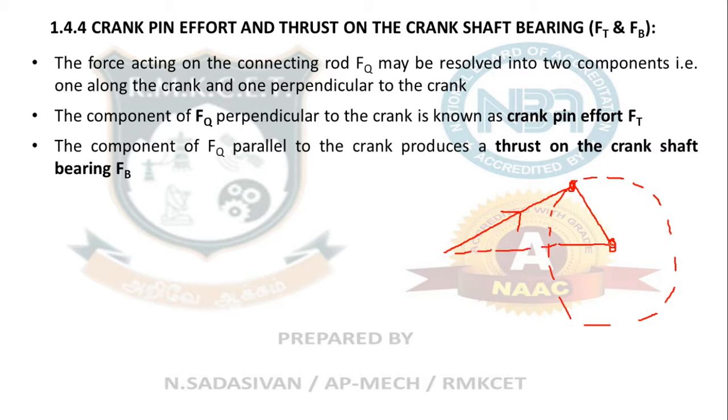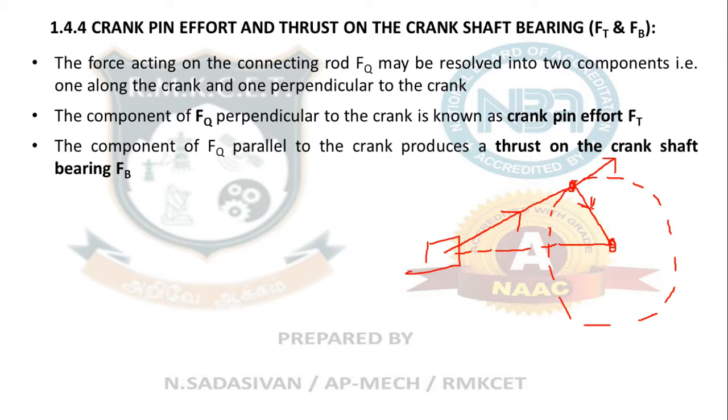At any given instant, the force exerted by the piston on the connecting rod is transferred to this crank, and while getting transferred, this force will be split into two components. One is tangential to this dotted circle, the other is parallel to the radius of this circle, and this thing will be your hypotenuse.